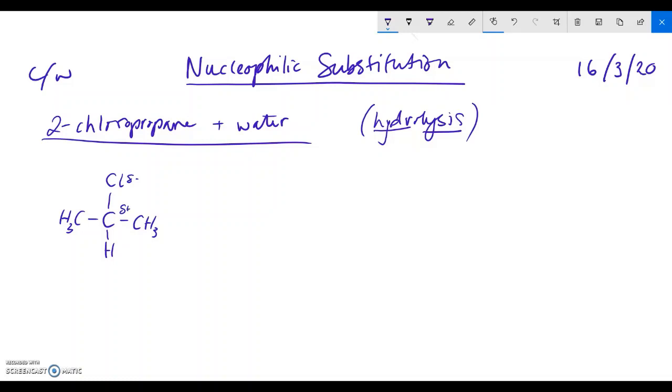Right, now in this case, our nucleophile is water, so I'm going to draw that out as just H2O. And we've got our relevant lone pair, which is always shown.